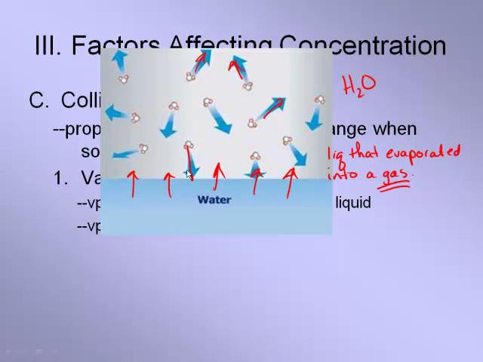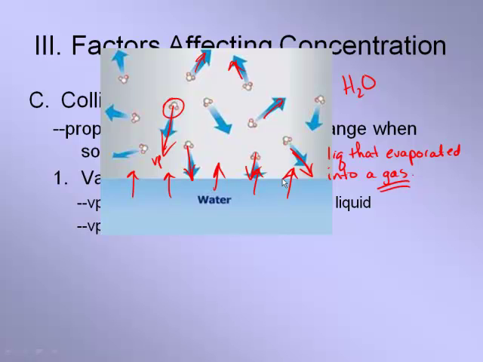Some of them are going to bump back into the liquid. When they do, that's your vapor pressure. So when those gas molecules bump into my liquid phase, they exert a pressure back on the liquid. That's the vapor pressure.